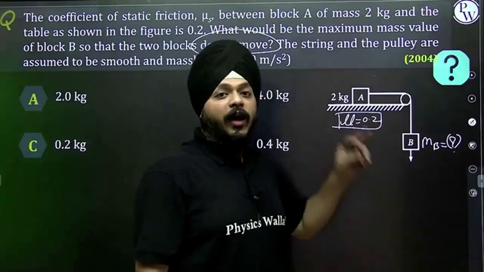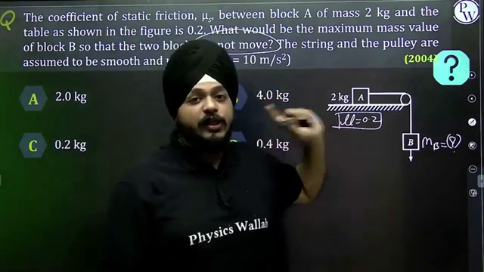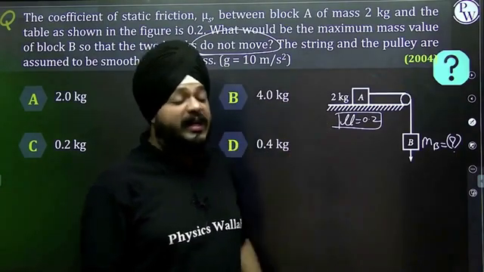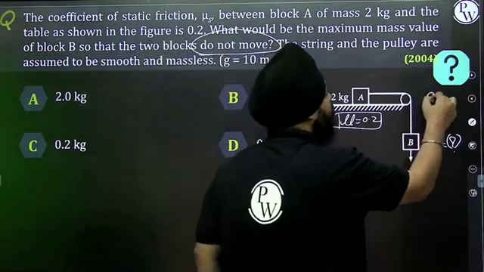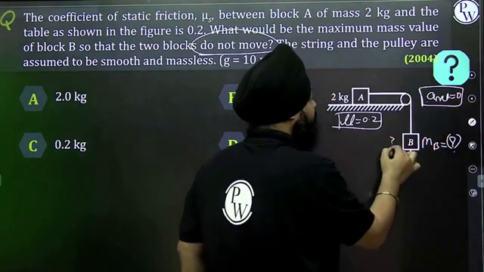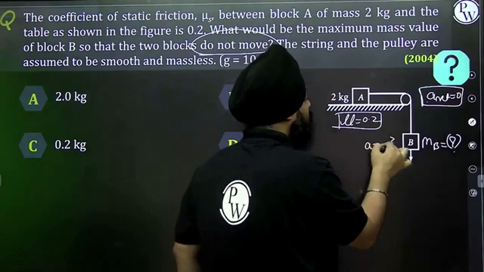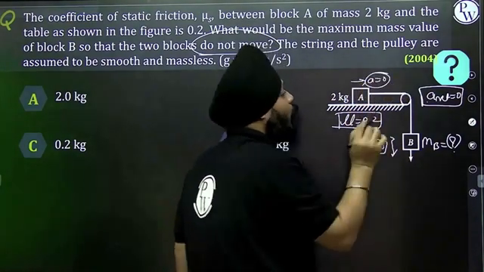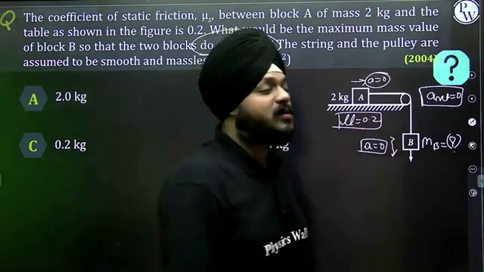If it is mentioned in the question that both blocks do not move, it means that net acceleration of the system is 0. The downward acceleration of B is 0, and the rightward acceleration of A is 0. It means all of the forces are balanced.